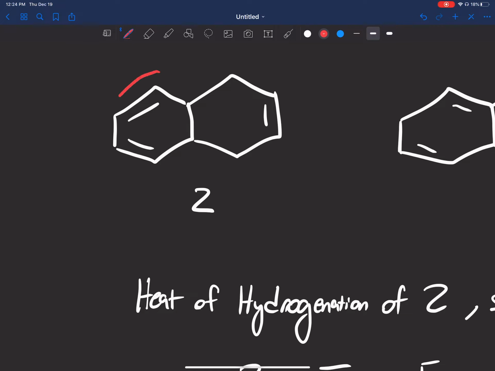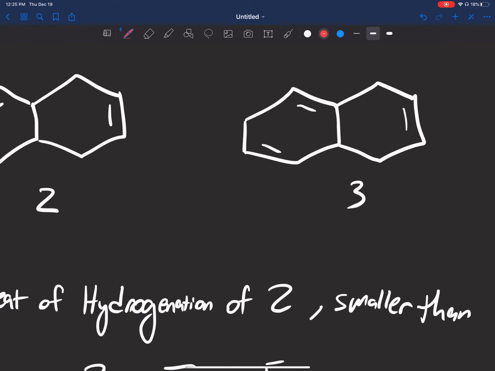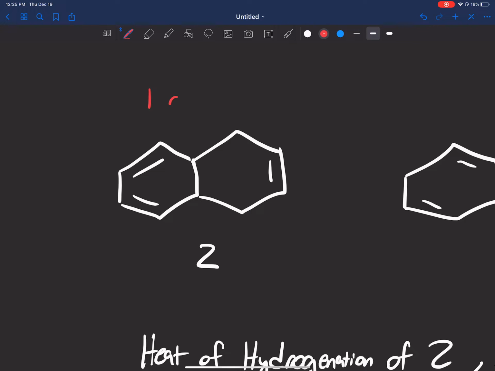You can see that these two double bonds here are conjugated to each other. I can resonate that one there and this one on the carbon. But this double bond is isolated. It is not conjugated to any other p orbitals, so he's by himself. So we have one conjugated system plus one double bond.